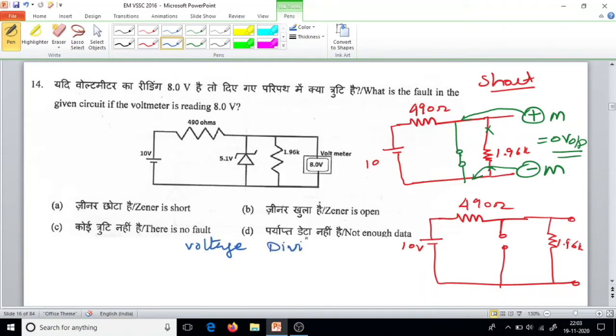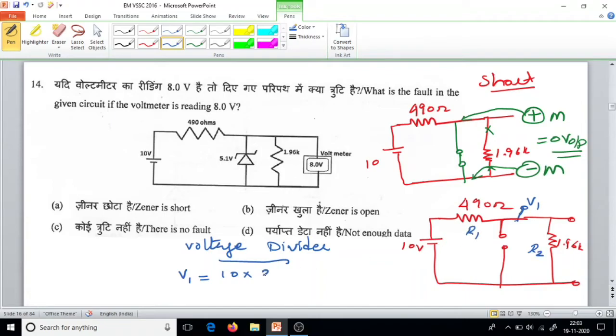In a voltage divider, what is the midpoint voltage? What is the voltage here? I'll mention this as V1. V1 equals total voltage divided by this resistor R2. This is R1, this R2.